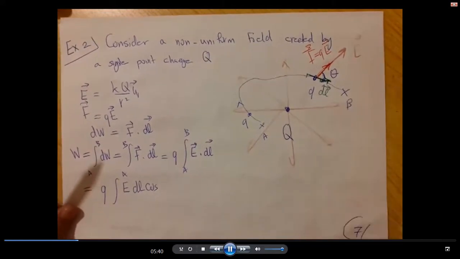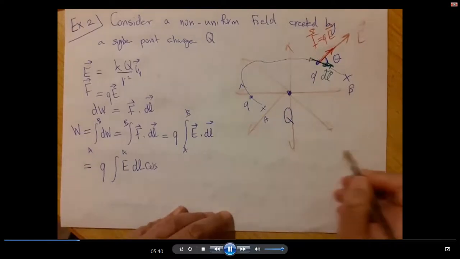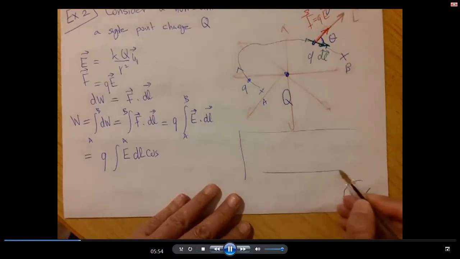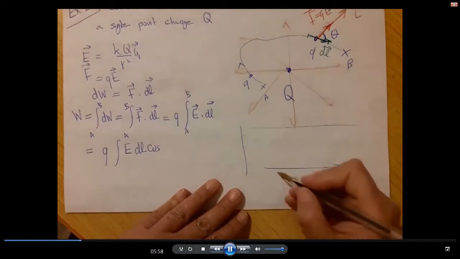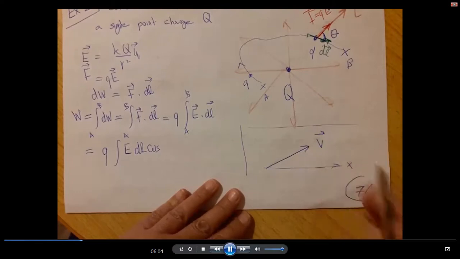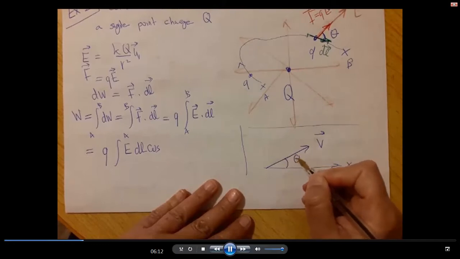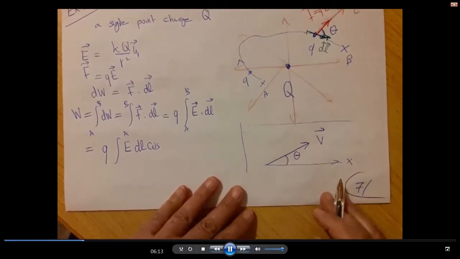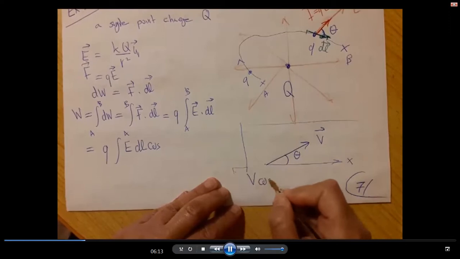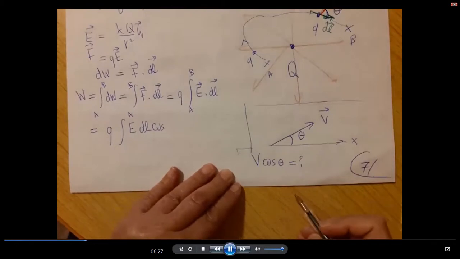Okay, the angle theta, right. Now, guys, on the side let's mention something we all know. If you have the x-axis, and any vector, I'm saying vector V, not voltage, making an angle theta with the x-axis. If I ask you for V cosine theta, what is it on the figure?